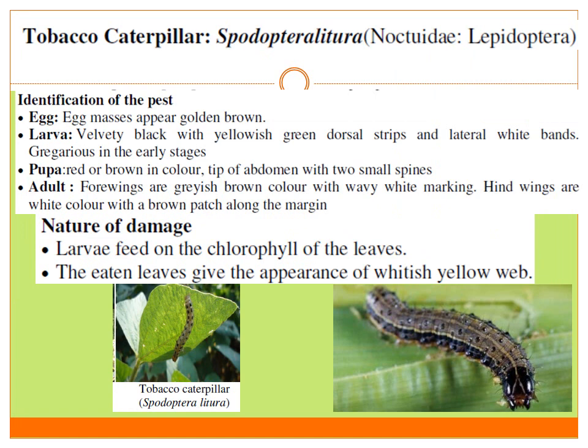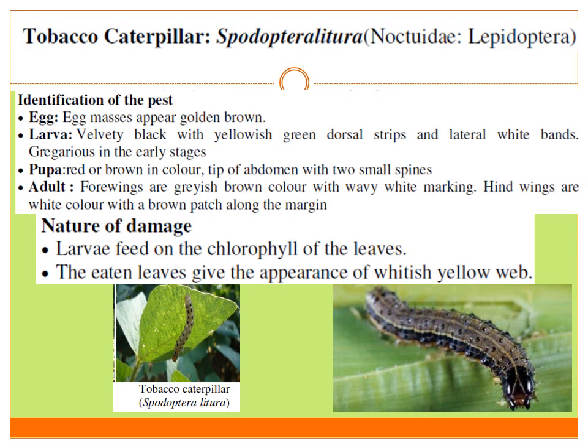Next is the tobacco caterpillar, Spodoptera litura. The egg masses appear golden brown, and the larva is velvety black with yellowish green dorsal stripes and lateral white bands, gregarious in early stages. That's the larva. The pupa are red and brown in color, and the adult forewings are grayish brown with wavy white markings.